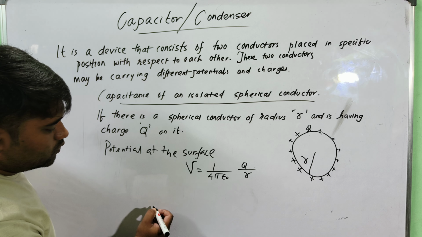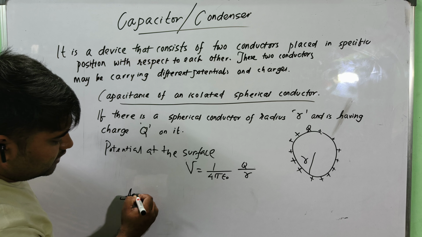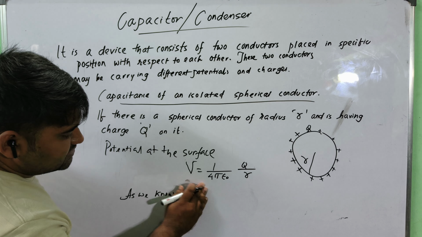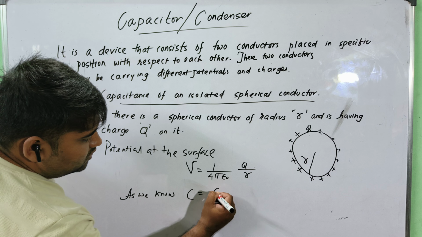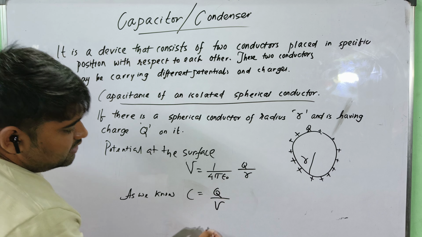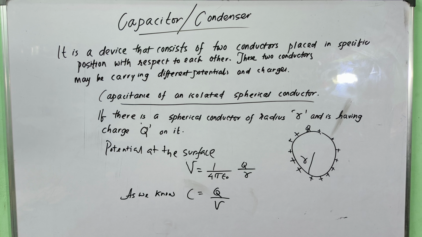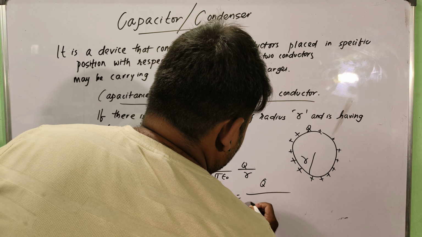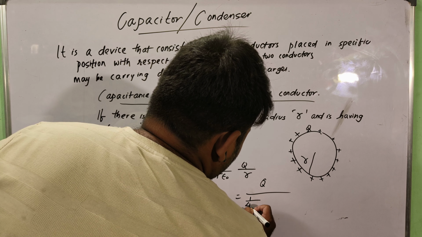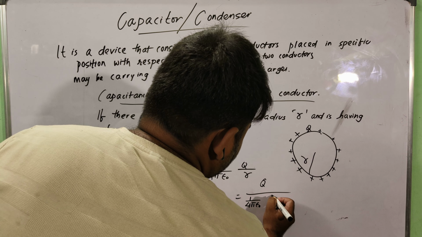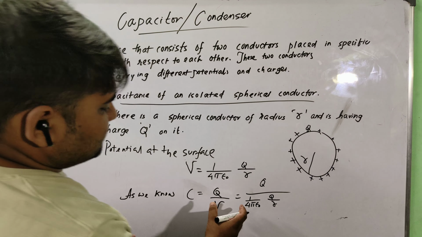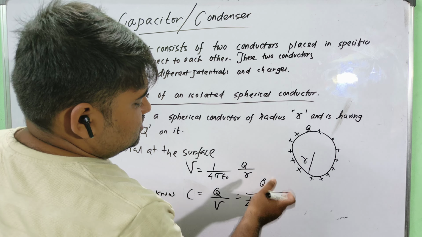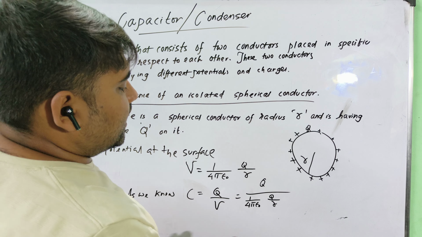As we know, capacitance C is equal to Q upon V. Now write the formula, Q upon 1 upon 4 pi epsilon naught Q upon R. From the denominator, these terms go to the numerator, and Q gets cancelled out.